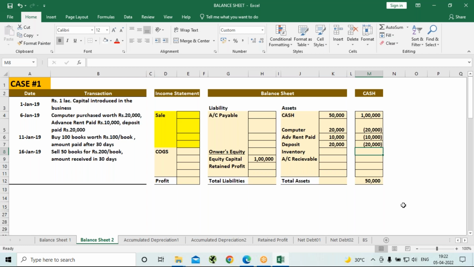So now the next thing is: buy 100 books worth rupees 100 per book, with the amount to be paid after 30 days. So what is the effect of the next transaction?